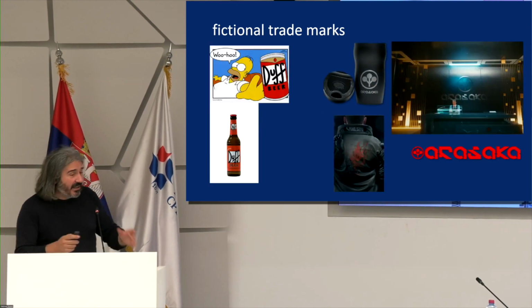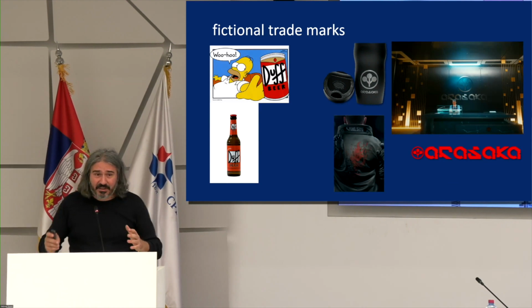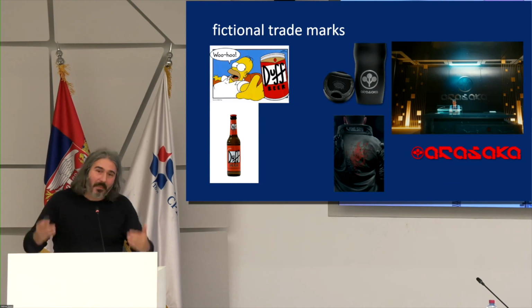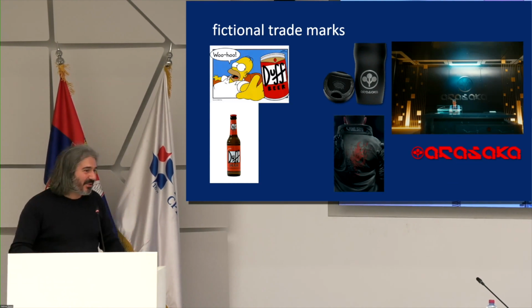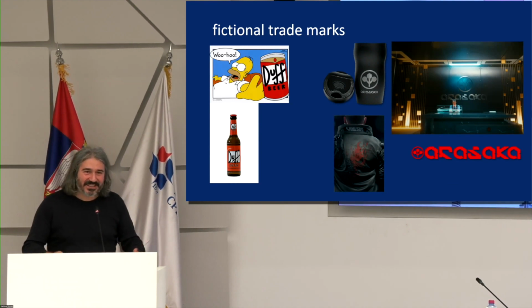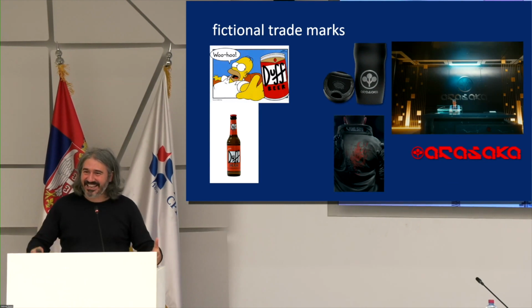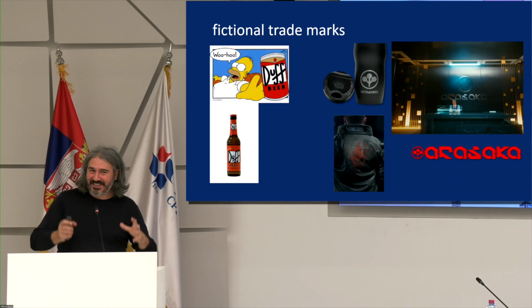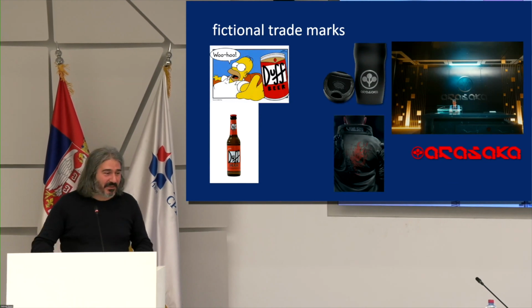And again, as for copyright, it's a double-edged sword, because there is an increasing market to register what are being called fictional trademarks, right? They don't really exist yet in the real market, but become very famous and very distinctive in your form of art.